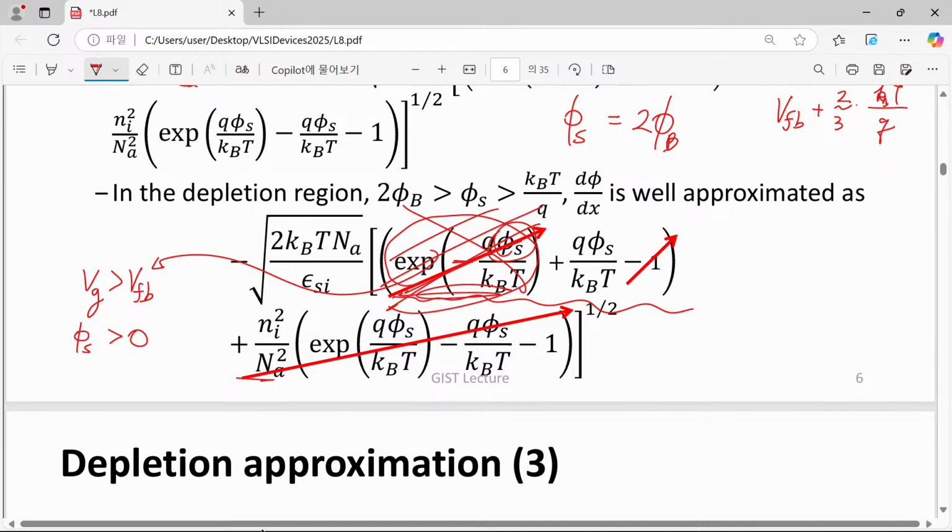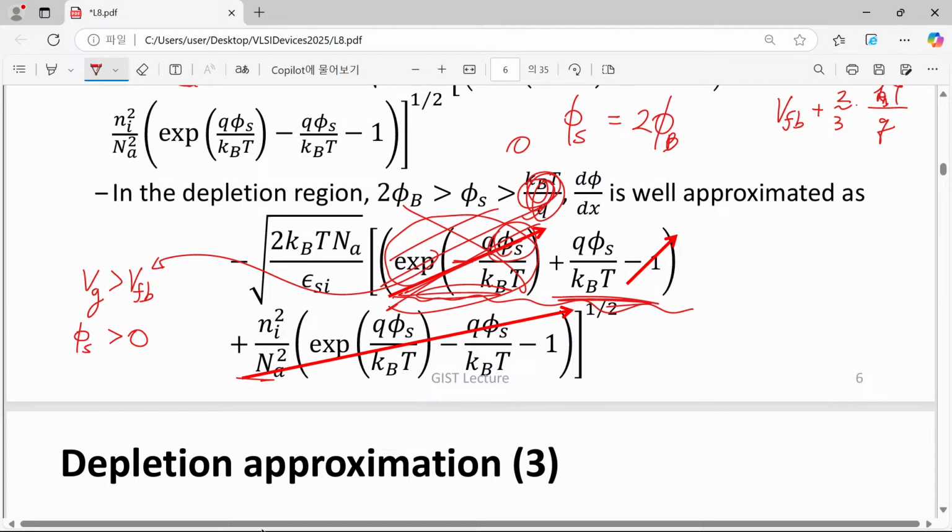And another one is here we have a minus 1. There is not that much reason we must neglect this minus 1 term. For example, if we say just 0, then we have to keep it.